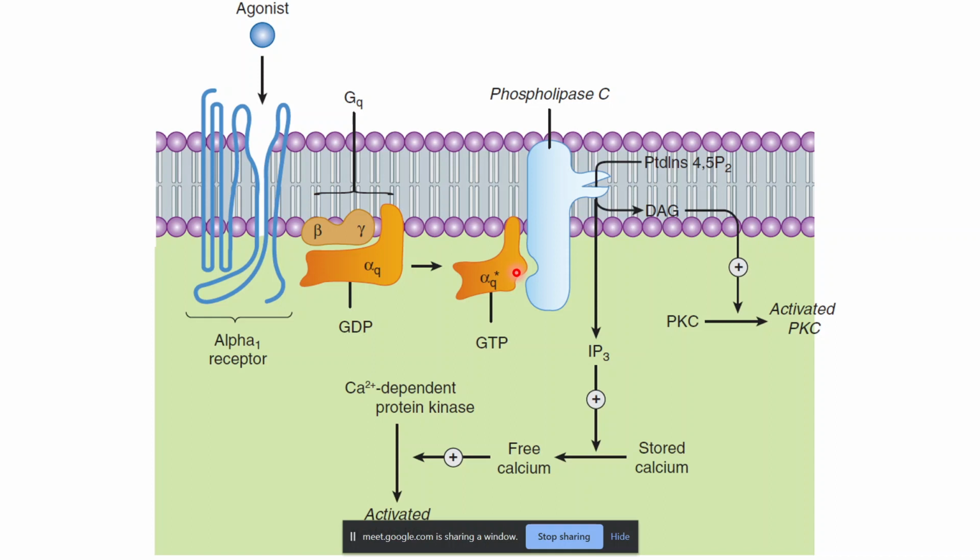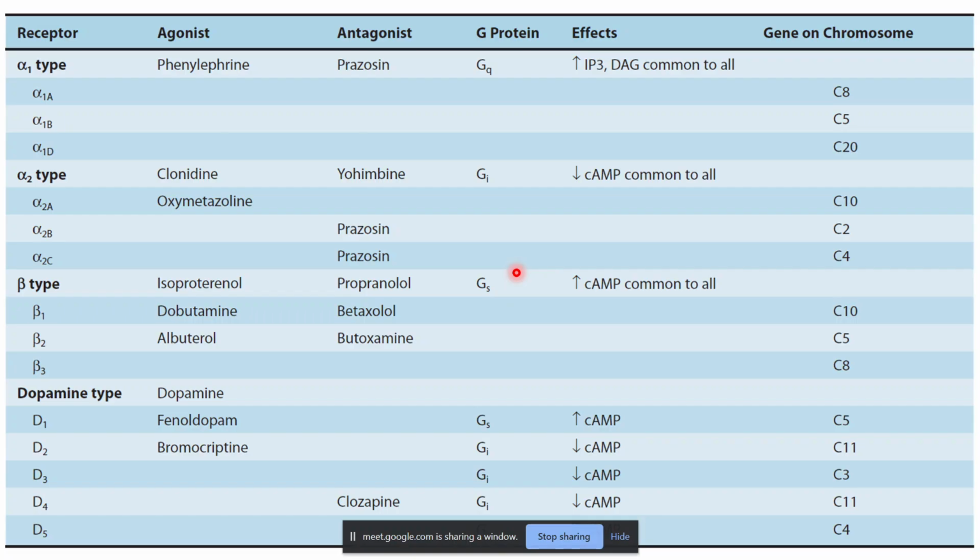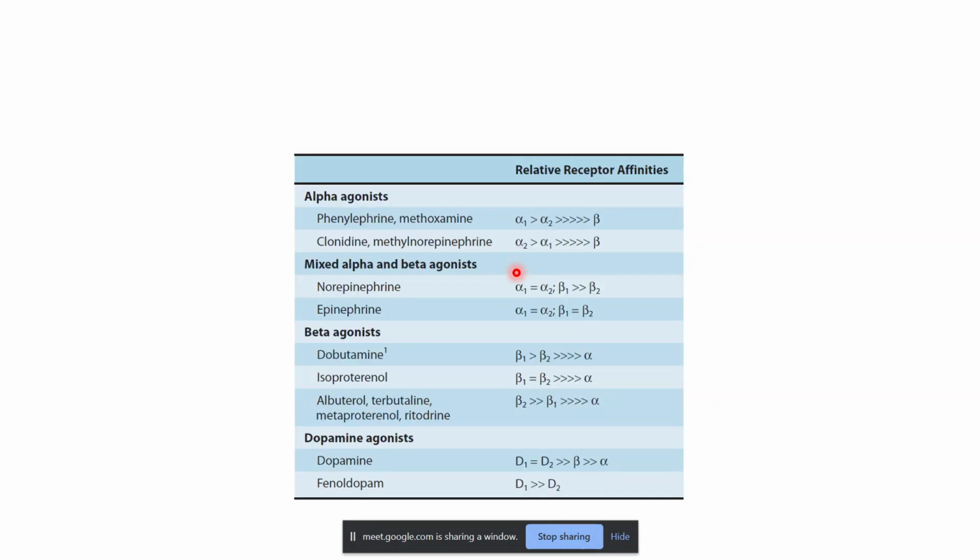Adrenal receptors were initially characterized pharmacologically, with alpha receptors having the comparative potencies epinephrine, norepinephrine, and isoproterenol, and beta receptors having the comparative potencies isoproterenol, epinephrine, and norepinephrine.